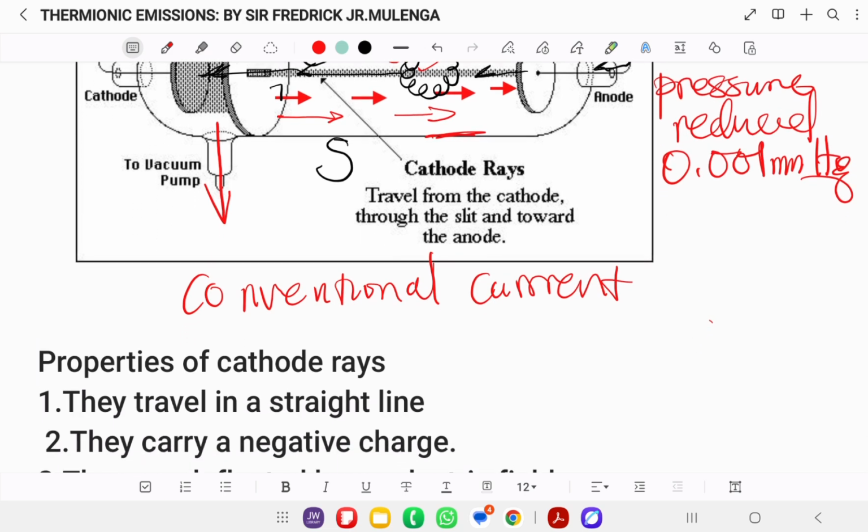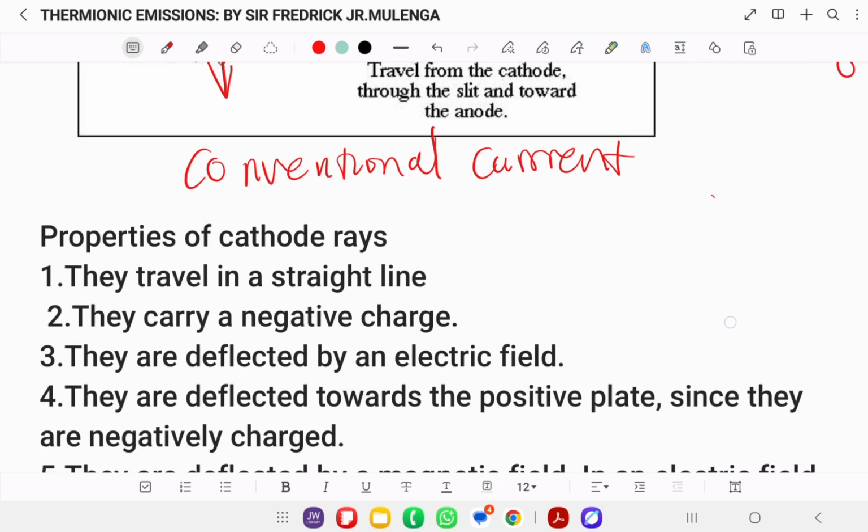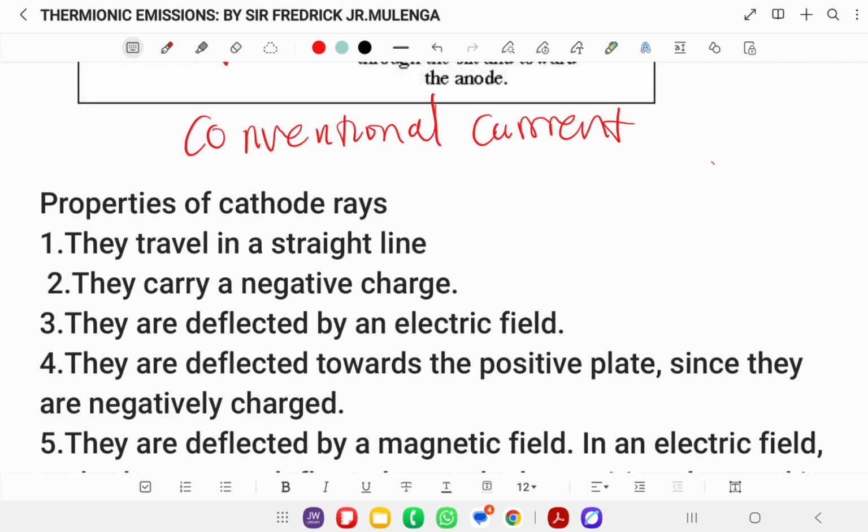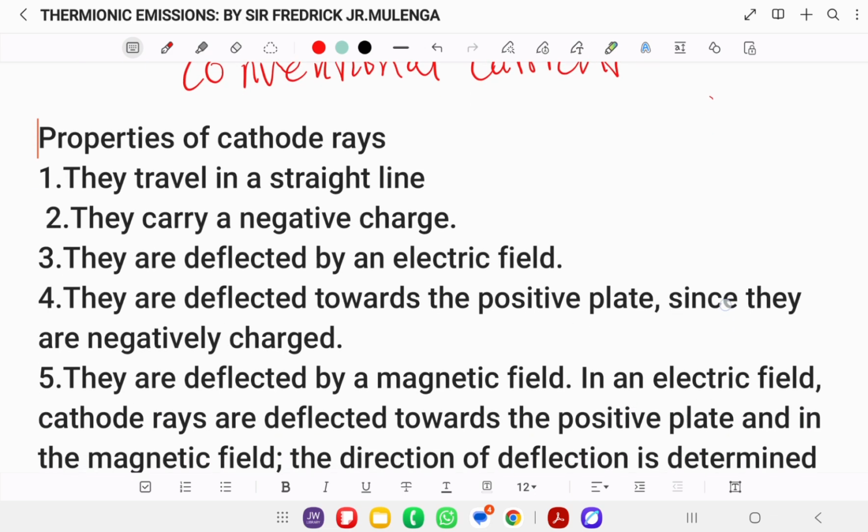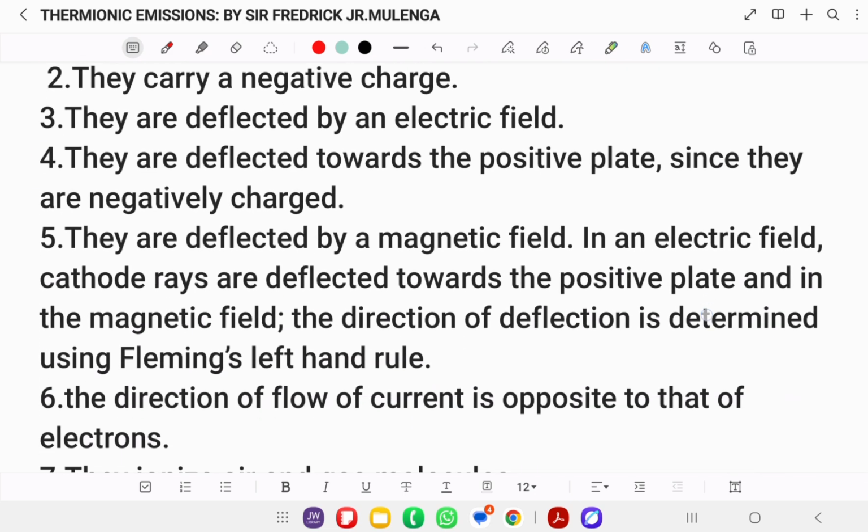Then what are the properties of this? We've learned that they travel in a straight line and carry a negative charge. They carry the negative charge because they are attracted to the positive plate in the electric field. They are also deflected in the magnetic field by the north pole of a magnet.